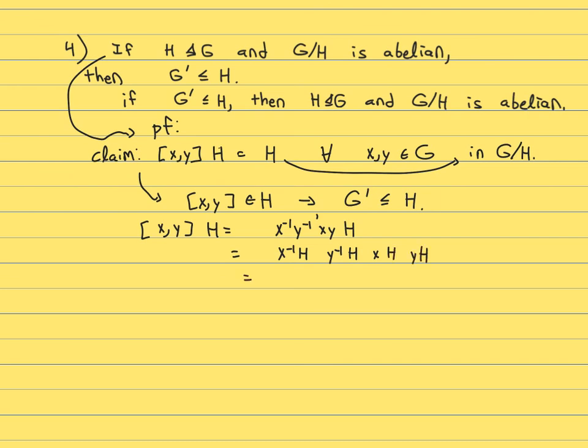G mod H is abelian, so I can actually commute cosets. And now I've got cosets paired up with their inverses, so I just end up with 1 times H. So that tells me what I wanted to show. G prime is definitely a subgroup of H. So G mod G prime is the largest abelian quotient.